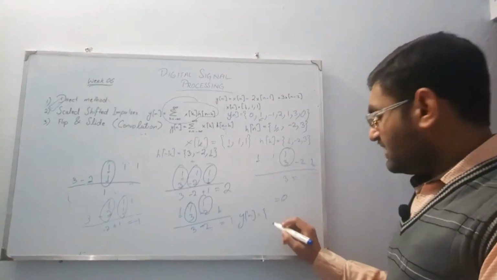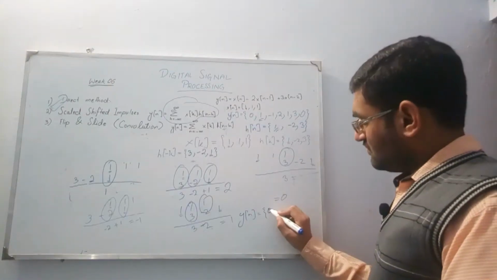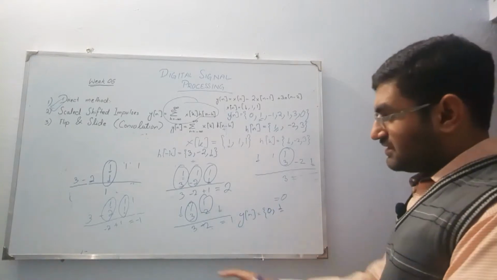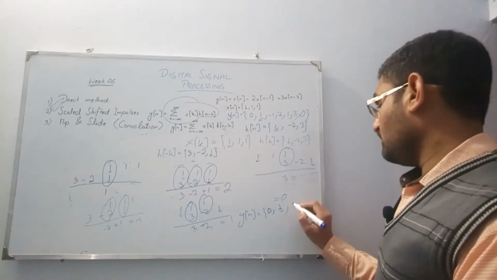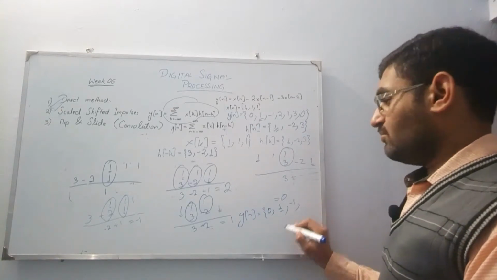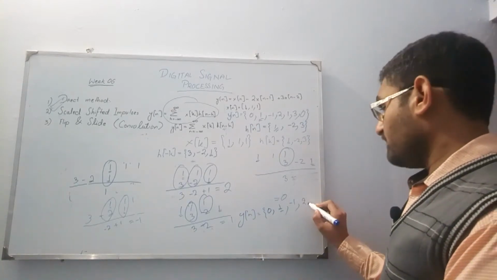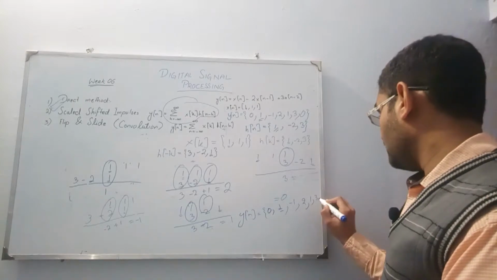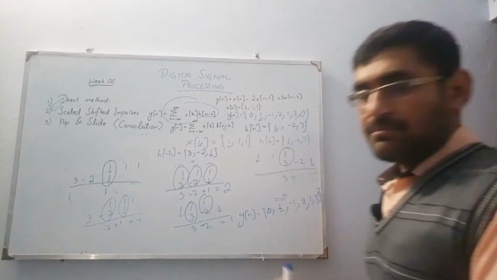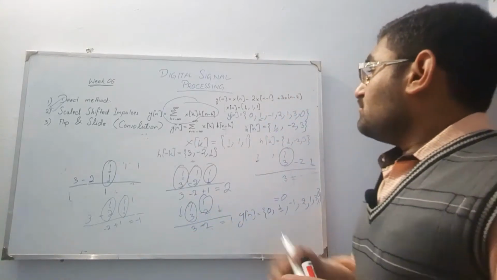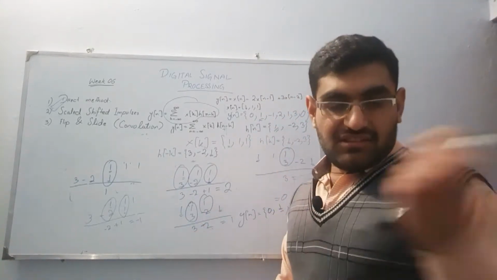You can see that at 0 index it is 1 amplitude, and then -1, 2, 1, 3, 0. So it is similar to the one which we obtained from the direct method.